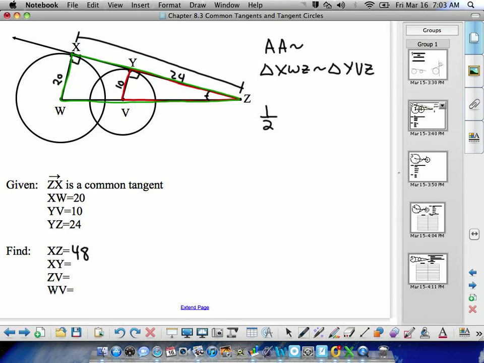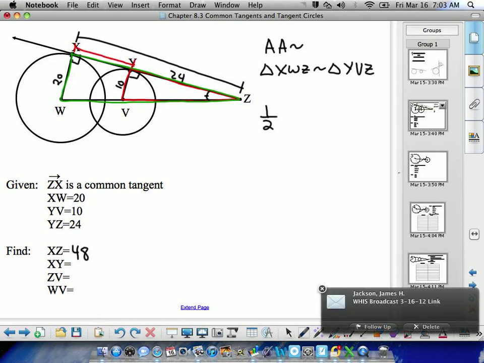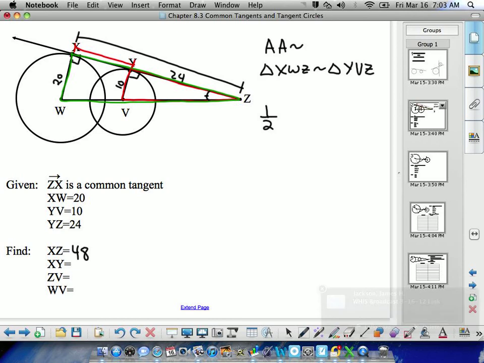XY is this length here. Actually, looking at this problem now, I don't even need to do that. If I know that XZ is 48 and YZ is 24, I can just use the subtraction property and say that XY must be 24.